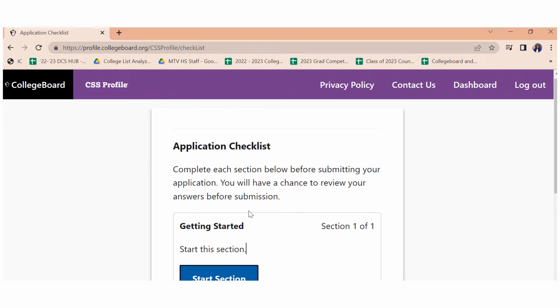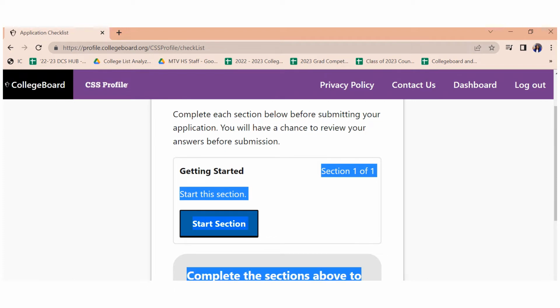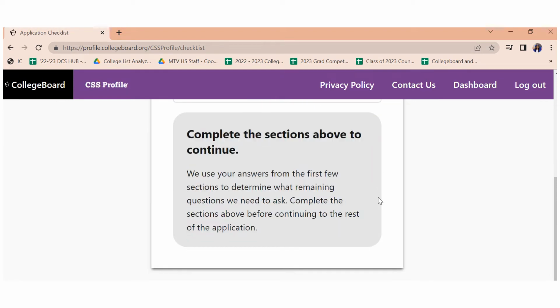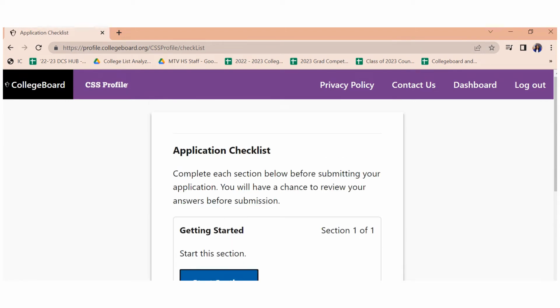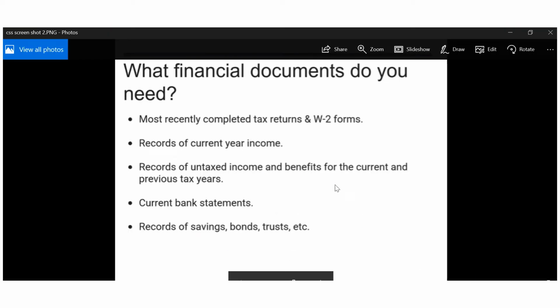Now, before we get started, just as a reminder, please make sure you do have these items on hand. So please make sure that you have these financial aid documents or financial documents with you. Similar to FAFSA, you will want your tax returns and W-2 forms, particularly for the 2021 year.